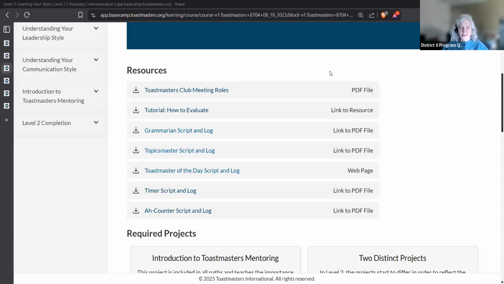I'm going to jump in here because I'm working with several corporate clubs, and a lot of them are level one. But I show them the types of projects available in levels three, four, and five. If they're doing something that corresponds at work, they can go ahead and do that particular project, not in sequential order, and that would be okay.